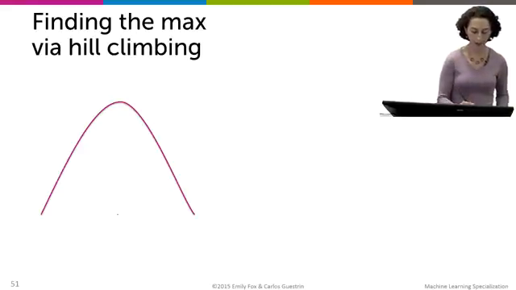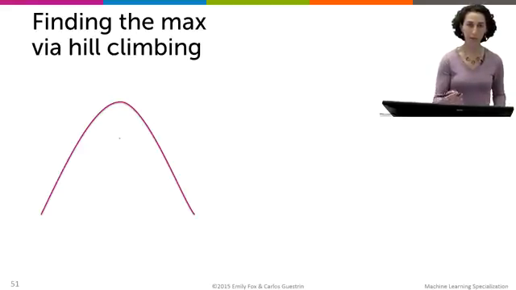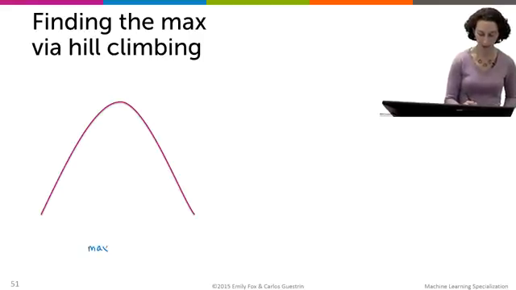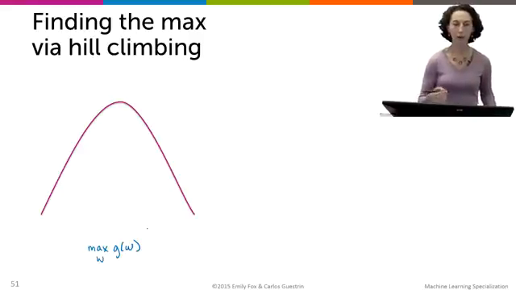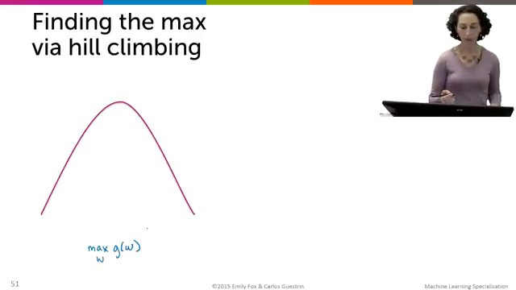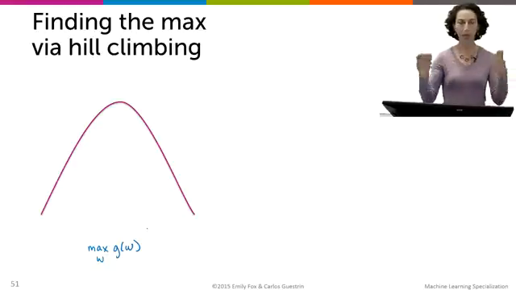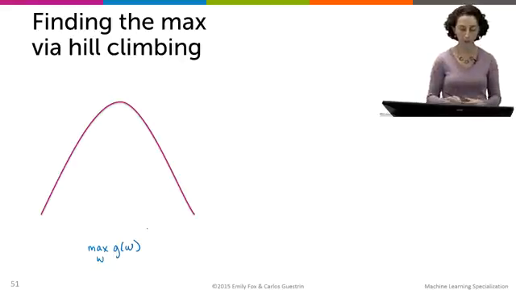So if we're looking at these concave situations and our interest is in finding the max over all w of g of w, one thing we can look at is something called a hill climbing algorithm. It's an iterative algorithm where we start somewhere in this space of possible w's, and then we keep changing w, hoping to get closer and closer to the optimum.